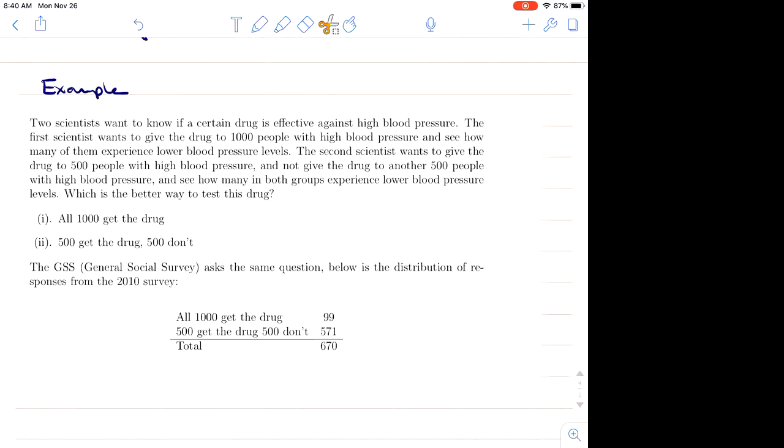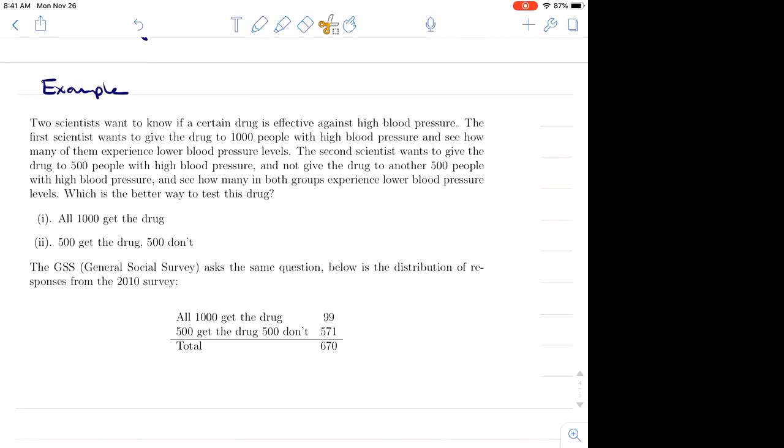Okay. And so the GSS, I had no idea what the GSS was until finally I Googled it. It's a general social survey. Seems reasonable. So the GSS asks the same question. Below is the distribution of responses from the 2010 survey. So they surveyed a total of 670 people, right? And they asked them, which option do you think is more appropriate, right? And seeing how many people would select that second option.